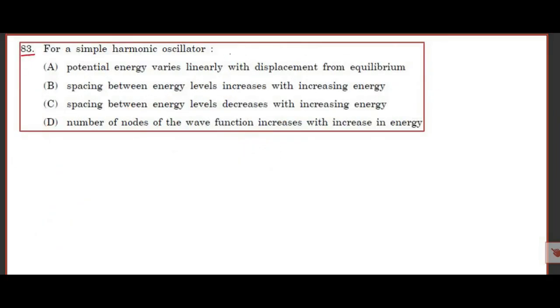Let us take question number 83. For a simple harmonic oscillator, the potential energy V equals half k x squared. V is the potential energy. Potential energy varies linearly with the displacement from equilibrium? Linearly, so A is wrong.